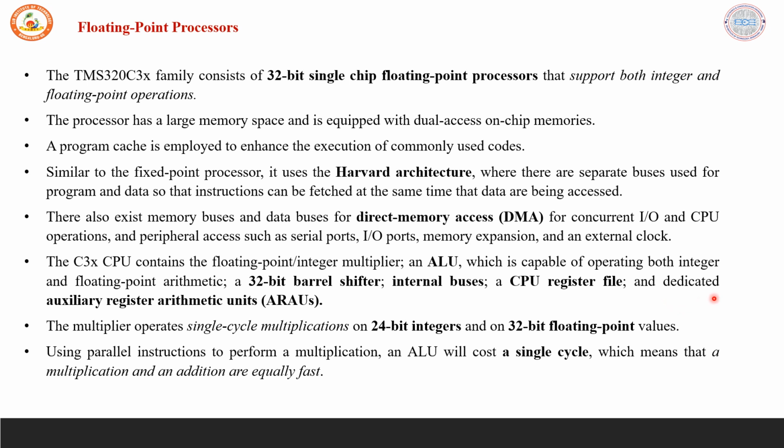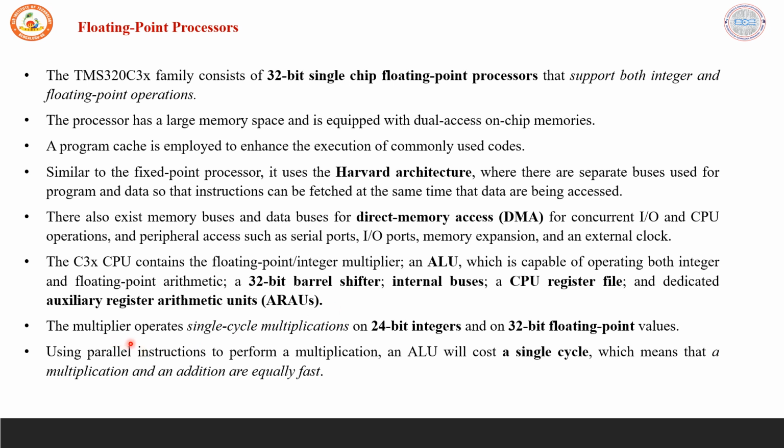It has a dedicated auxiliary register arithmetic unit which is primarily there to compute the addresses. Because there are a lot of addressing modes and we need to calculate the address quickly, there is a dedicated arithmetic unit which will help in computing the address, making use of the auxiliary registers without disturbing the ALU.